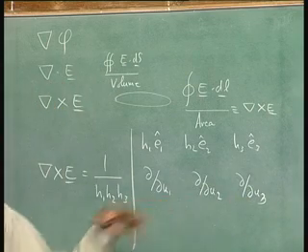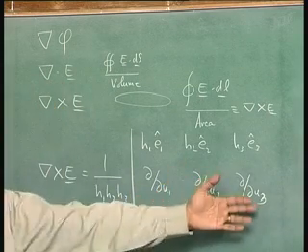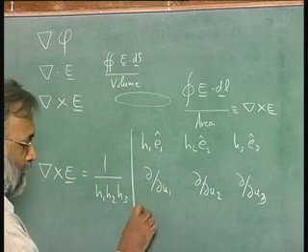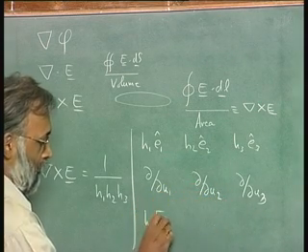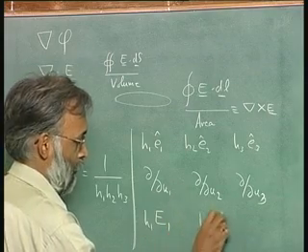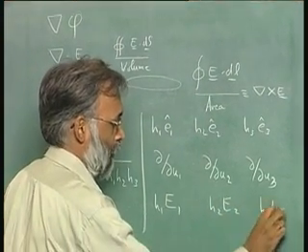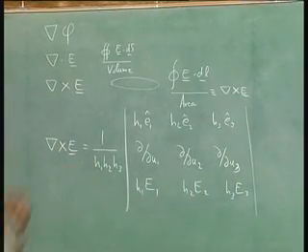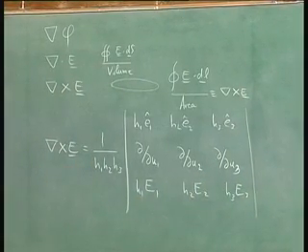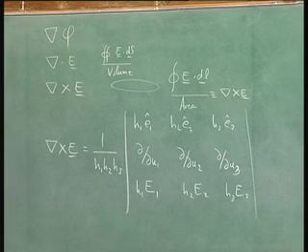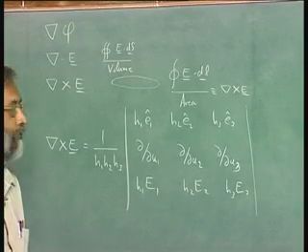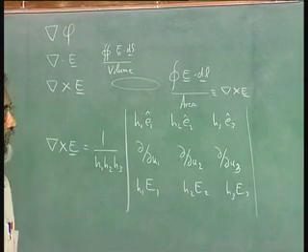U1, U2, U3 are the coordinates, for example r theta phi or r theta z or x y z, and so this is the expression for curl. It's general in the sense that it's true for any orthogonal coordinate system. And last time we worked out what it looked like in cylindrical coordinates.